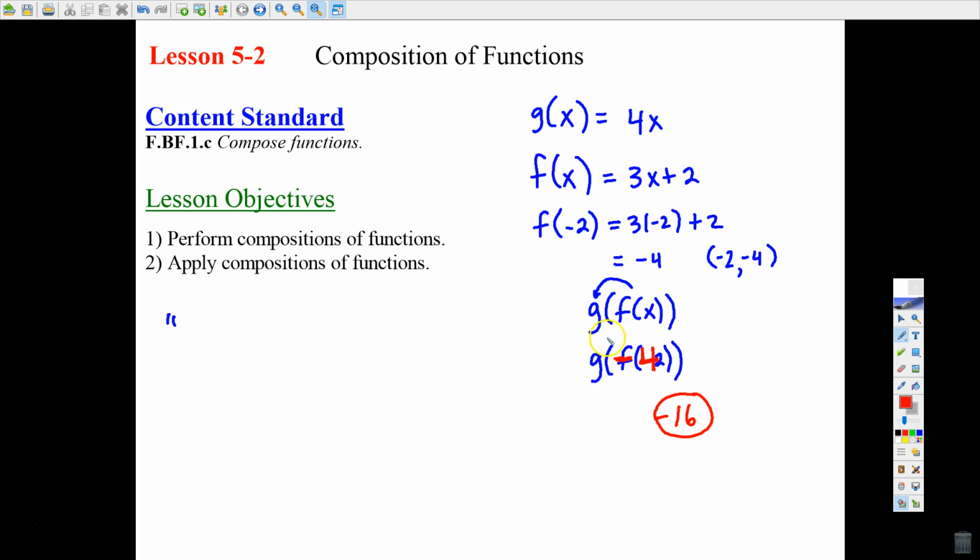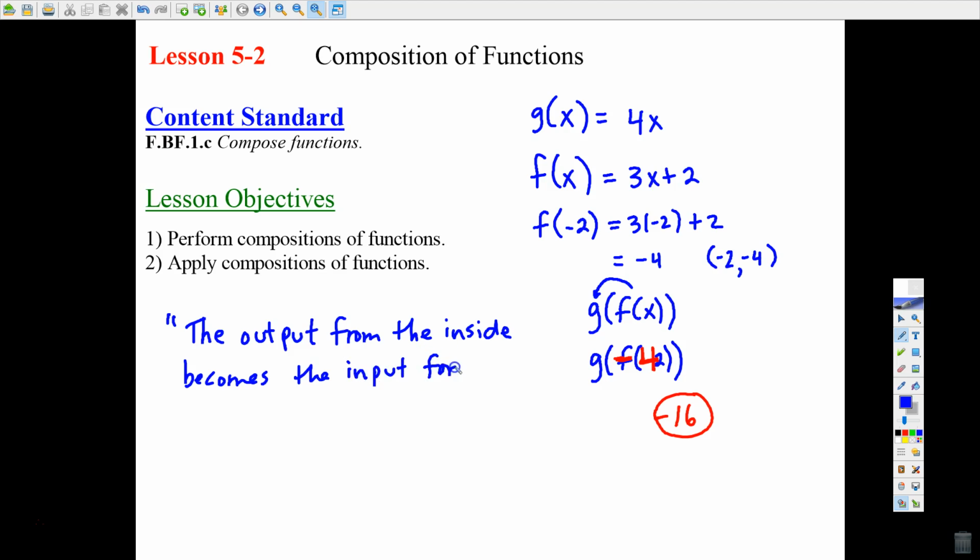And it leads me to this statement, the way that compositions of functions actually work, how we evaluate them. This is a statement that I think of when it comes to compositions of functions. The output from the inside, and what I mean by that, the inside function, here it was the f function, the output that resulted from evaluating the inside function becomes the input for the outside.